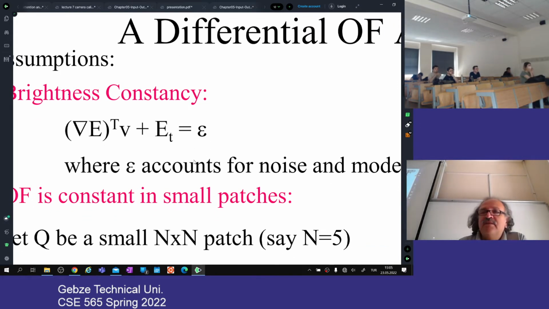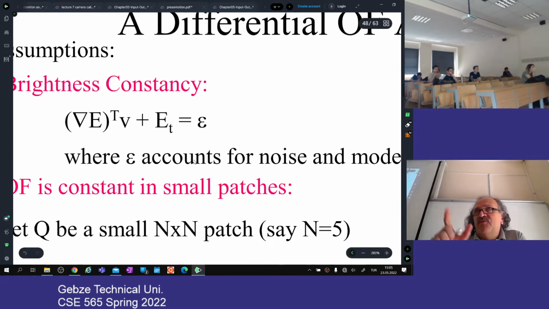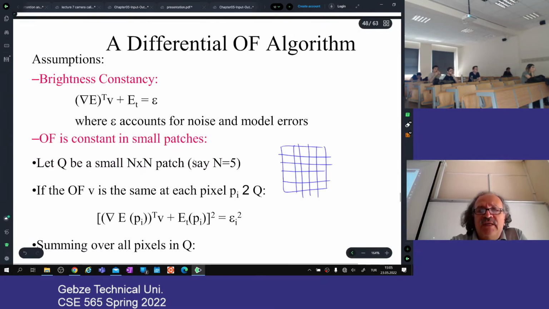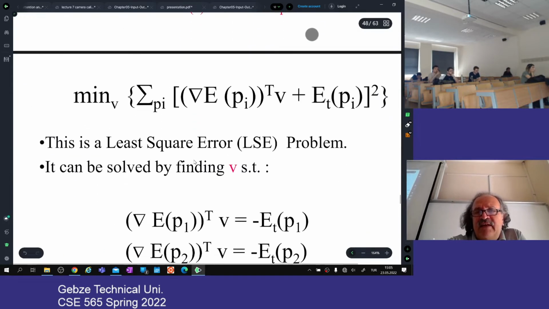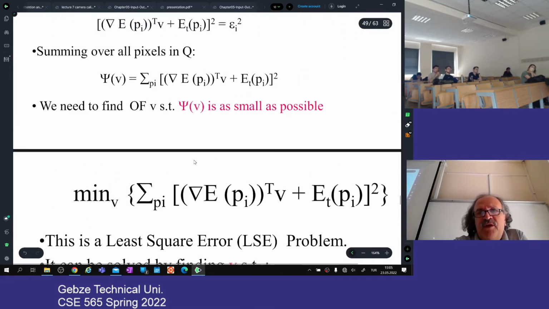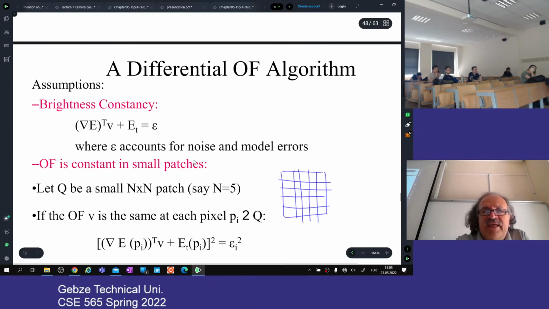But I know that if the v is common for the whole patch, it's not going to be exactly 0. It's going to be an error. So for each pixel, when I do this, I should get 0, but because of the error, I won't be able to get it.